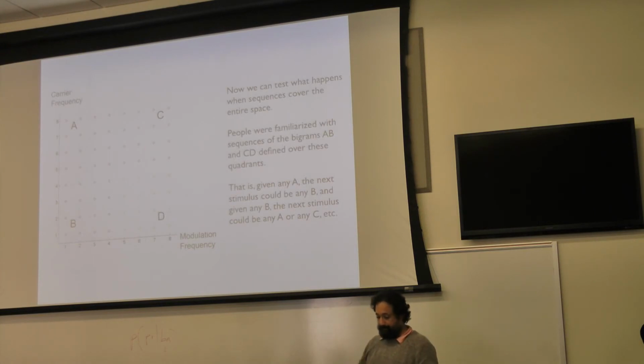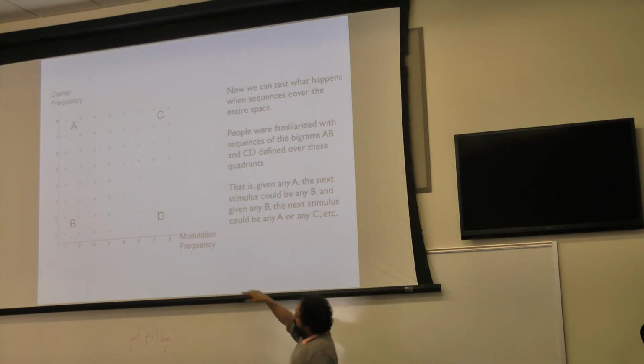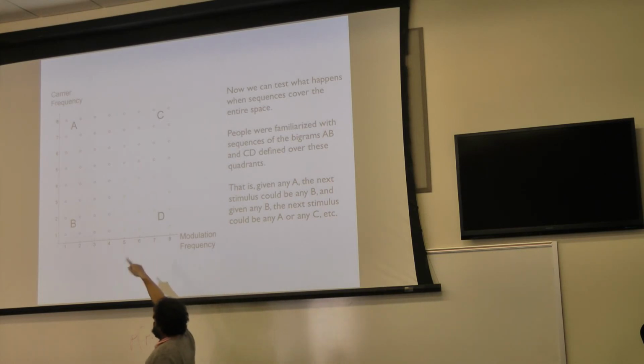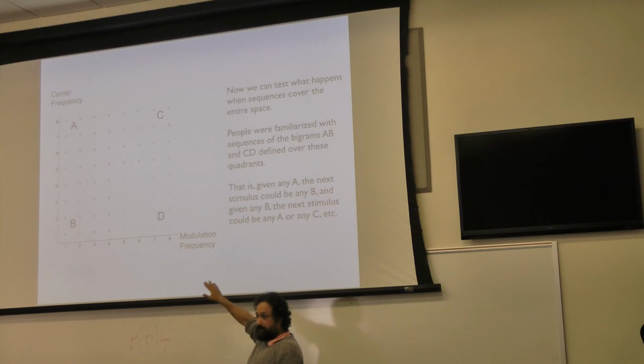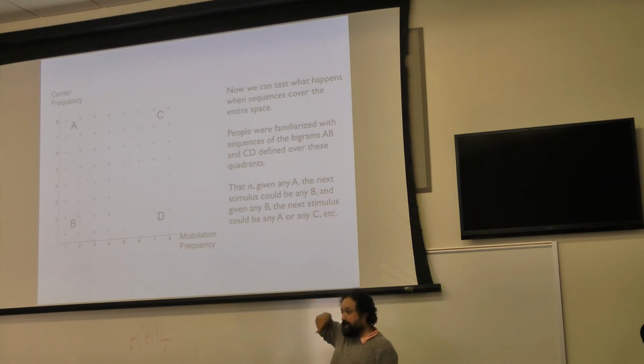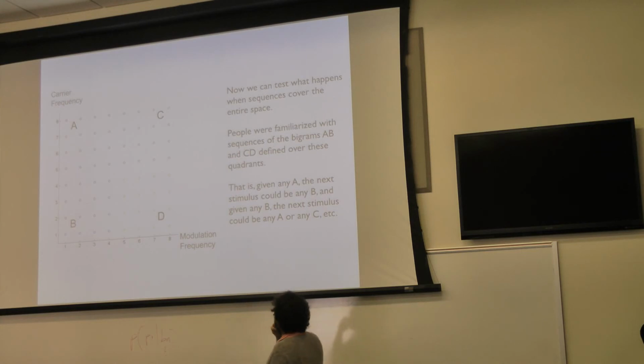Okay, so now finally, I can tell you about the study that we wanted to do in the first place. Instead of just the corners of the space, we now present you with all of the stimuli over the entire space. So there are now 64 different locations that you can visit in this two-dimensional arrangement.